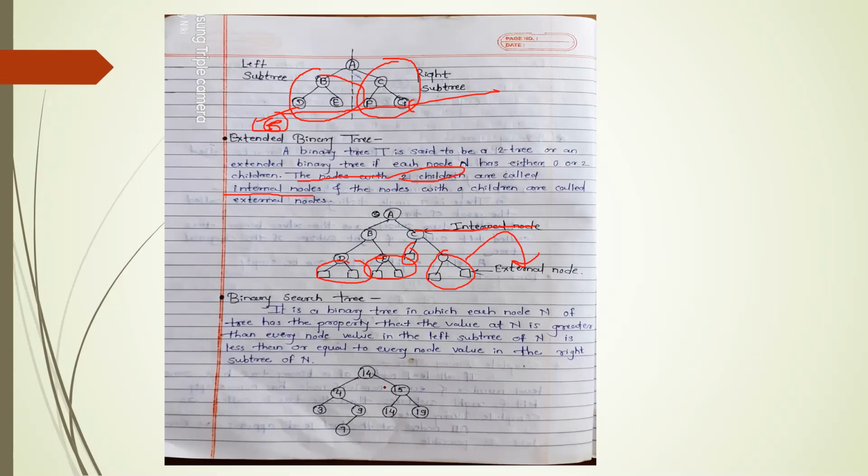Means each node n of the tree has the property that the value of n is greater than every node value in the left subtree. Means the right subtree is greater than the left subtree.